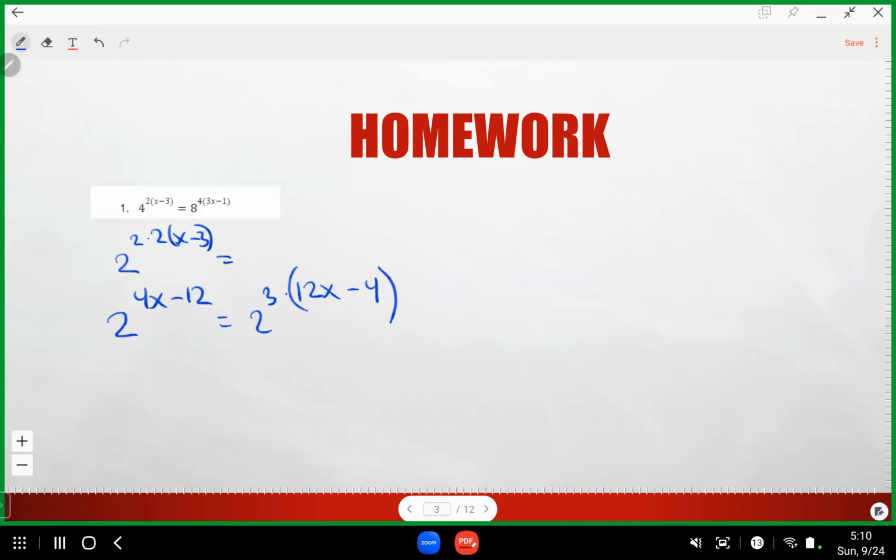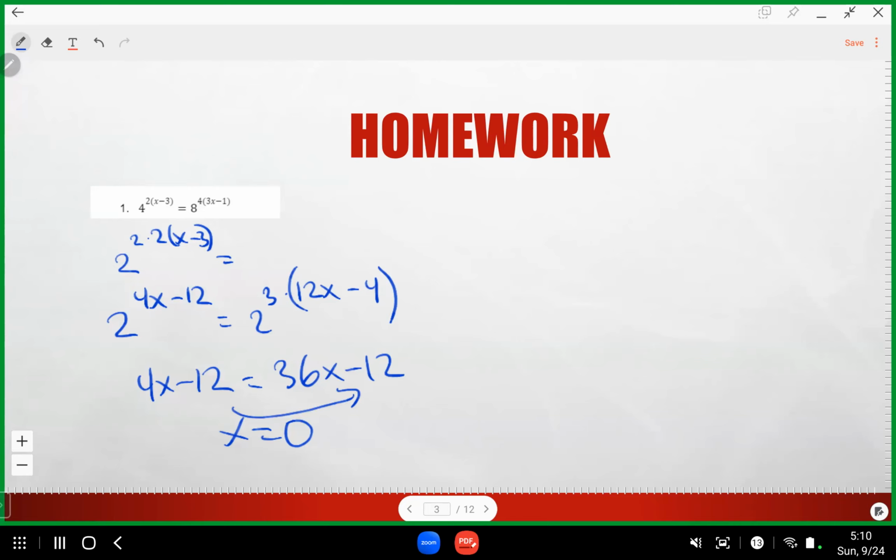So 36x minus 12. Okay. And so I think the only answer is 0, because once you move 12 to this side, it's going to be 4x is equal to 36x, and that's just 0. Very good. So this answer is 0.